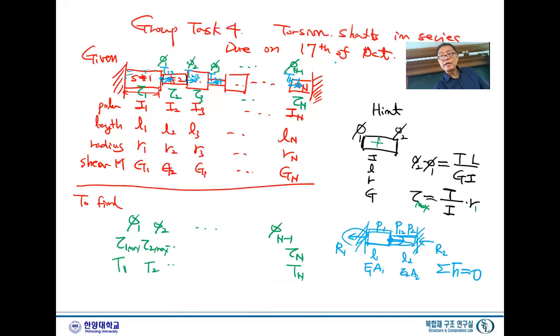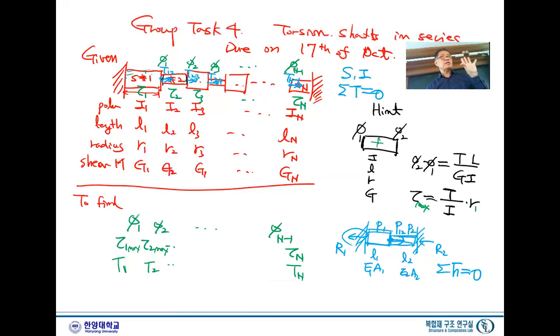But I just want to say this is the typical case of a statically indeterminate problem, because the torque equilibrium is only one, right? Because all torque is here, here, here, here, there is always only one equilibrium. But the reaction is here, the reaction is there. So two reactions and one equilibrium equation, so it's statically indeterminate.